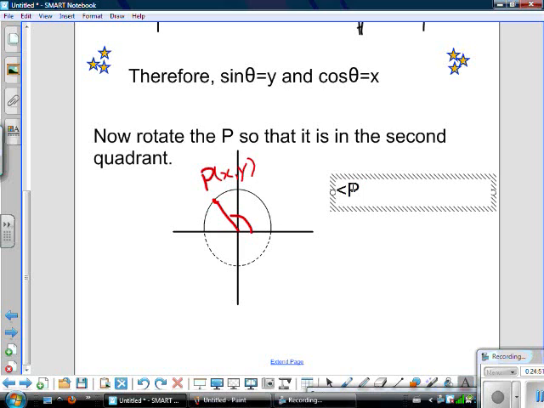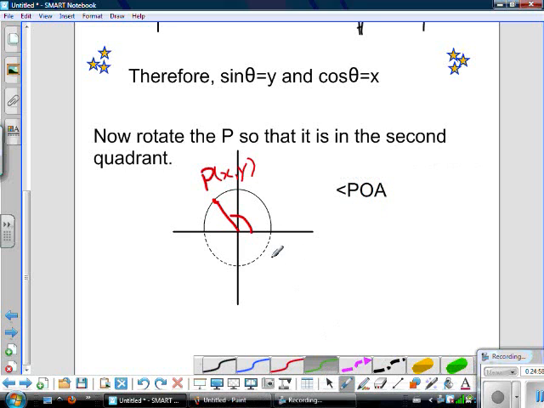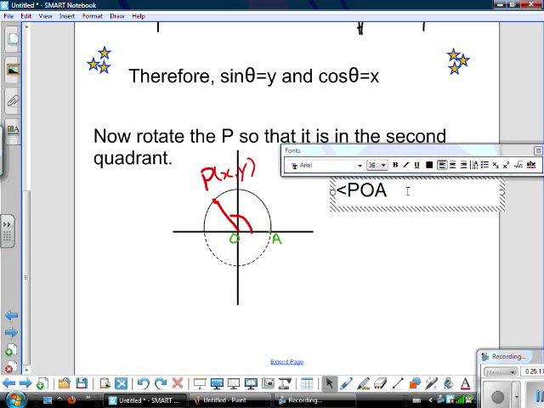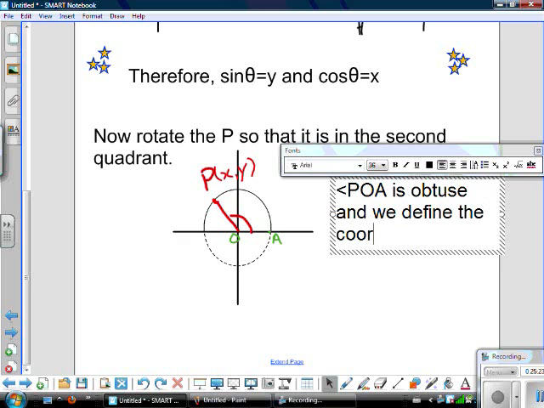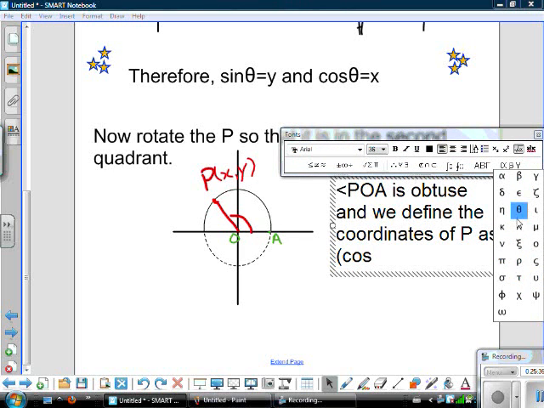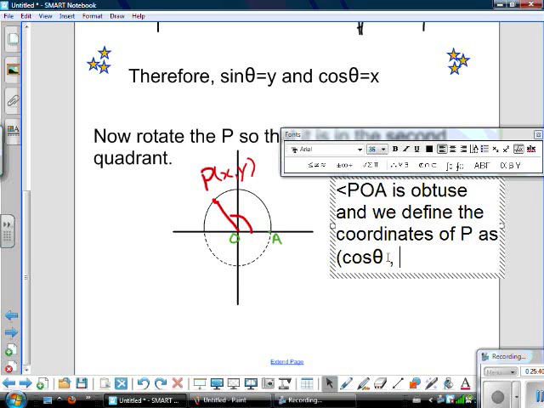So, angle POA, and that was based on this being O, and here is still our A that we had defined from the first unit circle, is obtuse, and we define the coordinates of P as cos theta, sine theta.